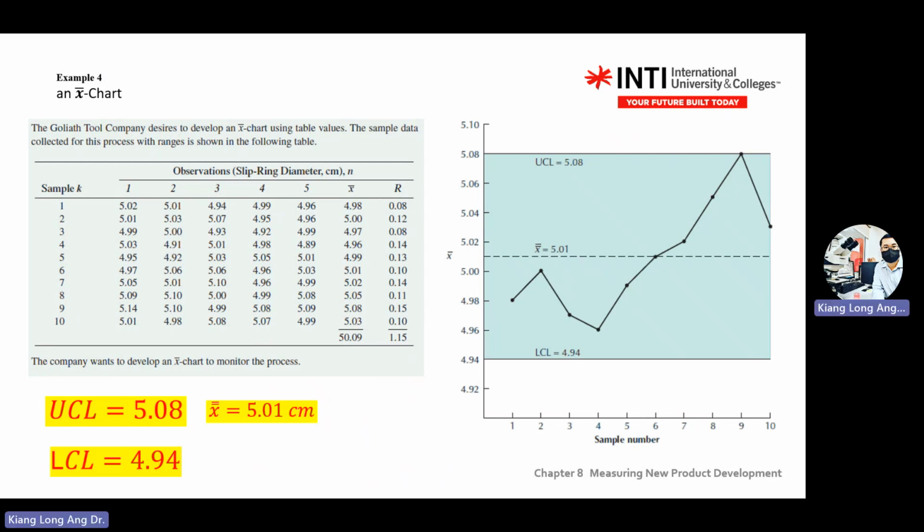Yes, it's still under control. Yes, but you need to monitor. In this case, I will ask the QA process to run one more test, so that we'll see whether the similar pattern comes out or not.